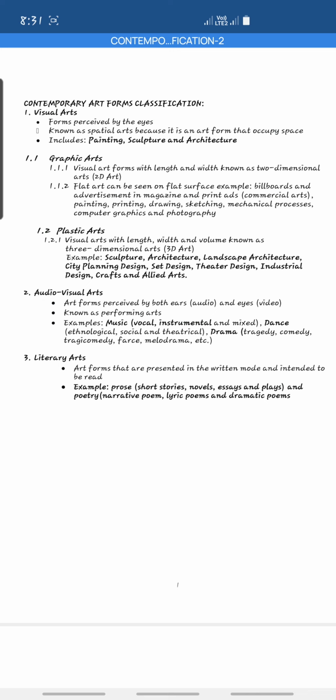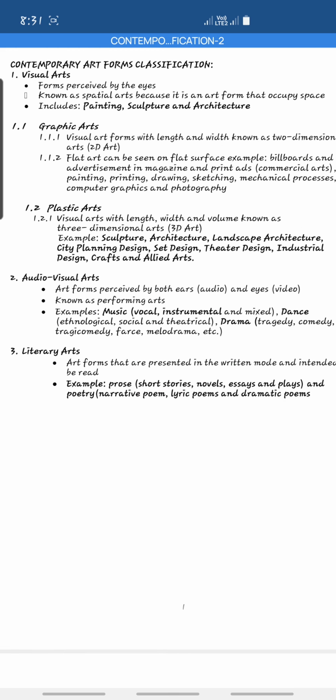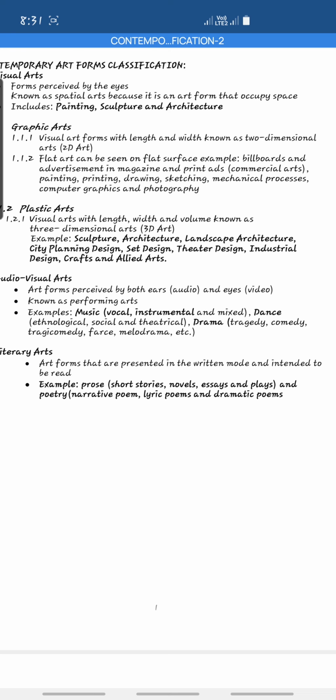It is a flat art that can be seen on a flat surface. Examples are billboards and advertisements in magazines, print ads, commercial arts, painting, printing, drawing, sketching, and mechanical processes. Always remember that graphic arts follow a certain measurement and are called two-dimensional art or 2D art.